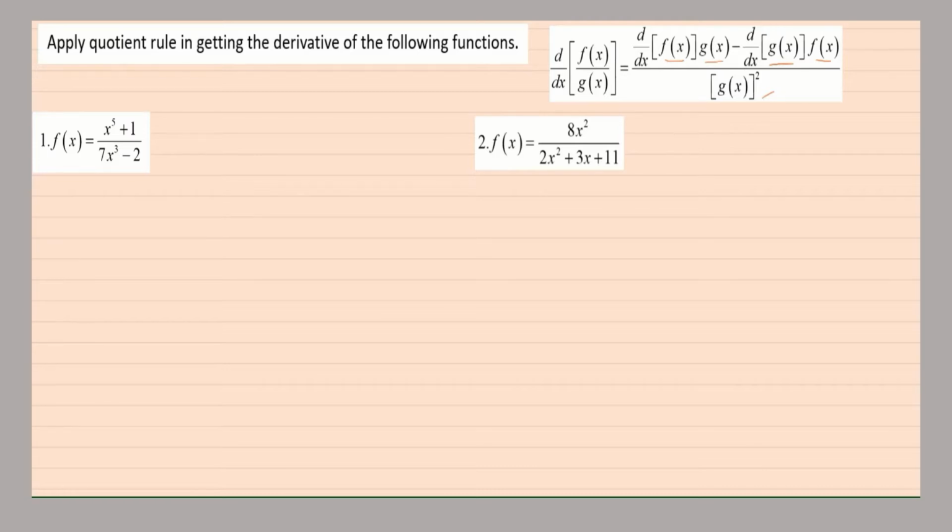So for our first example, we have f of x is equal to x raised to 5 plus 1 over 7x cubed minus 2. So let us get its derivative.